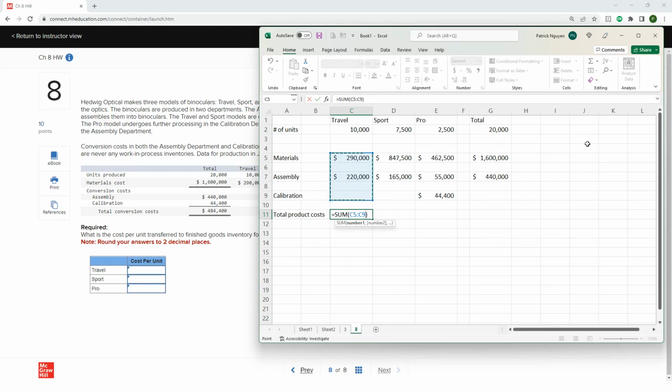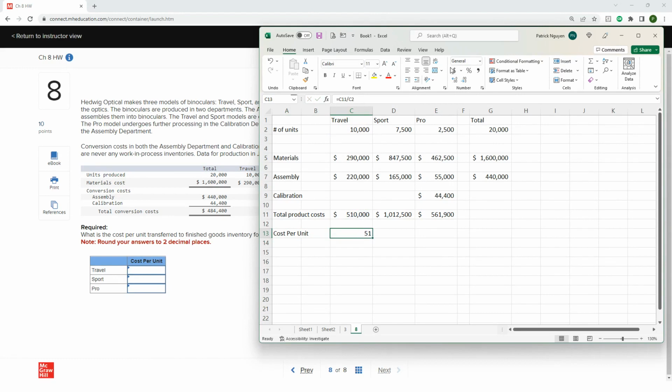That'll just be the sum of materials, assembly, and also calibration just for the pro line. Our total cost is $510 for the travel, $1,012,500 for sport, and $561,900 for the pro line. But we have to do one more step. We have to calculate the cost per unit. So for that, we take our total cost, divide that by the number of units, and we can format it into the dollar figure.